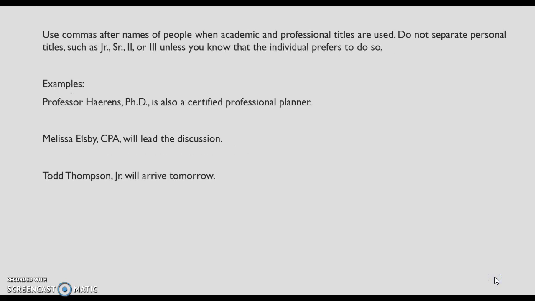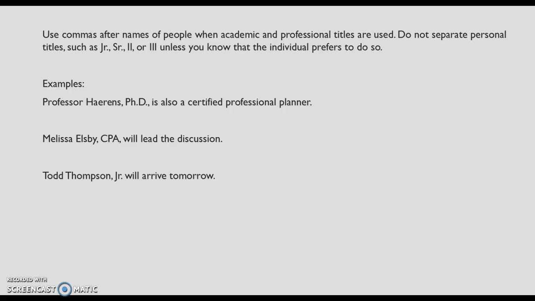Use commas after names of people when academic and professional titles are used. Do not separate personal titles such as junior, senior, the second, or the third unless you know that the individual prefers to do so. Example: Professor Herons, PhD, is a certified professional planner.